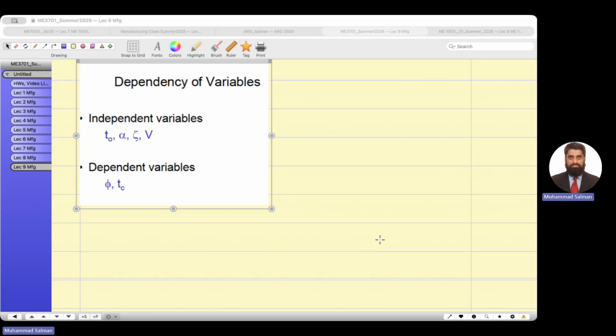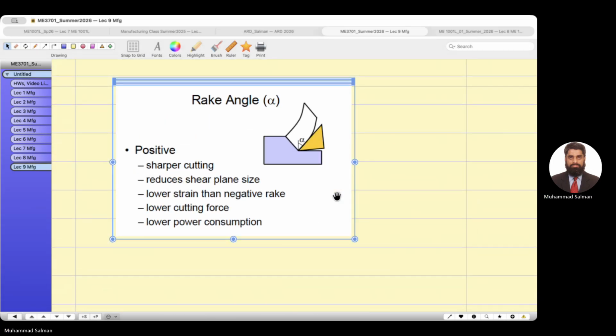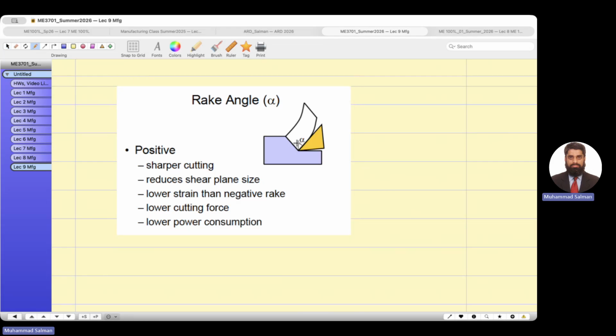One is the positive rake angle, when the angle is less than 90 degrees. Over here, this is a positive rake, and sometimes the tool is like this on this side. It has a sharp cutting edge, reduces the shear plane and lowers strain, and another benefit is low power consumption.